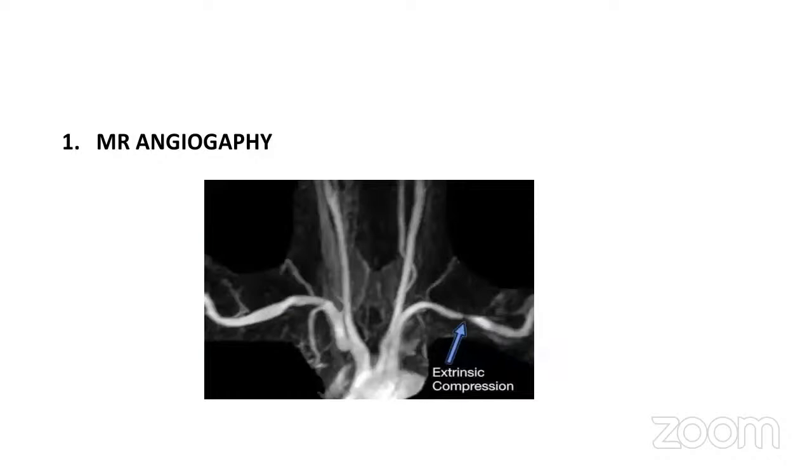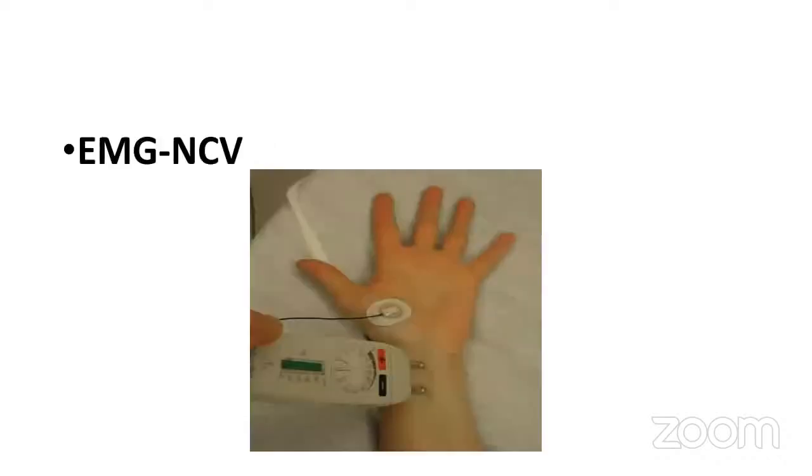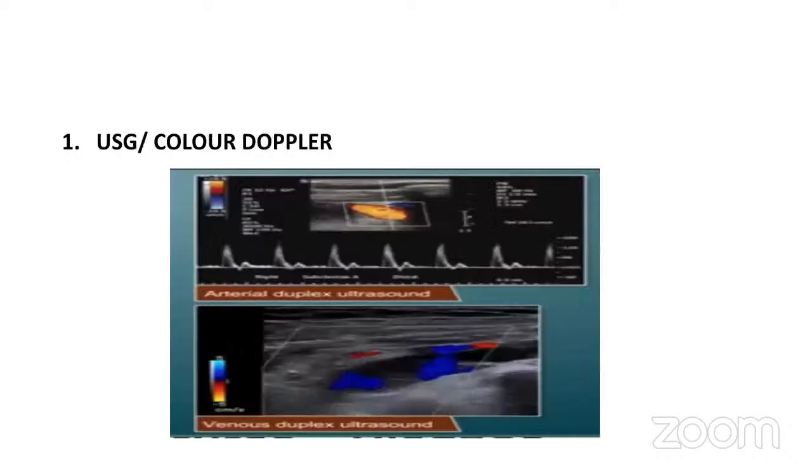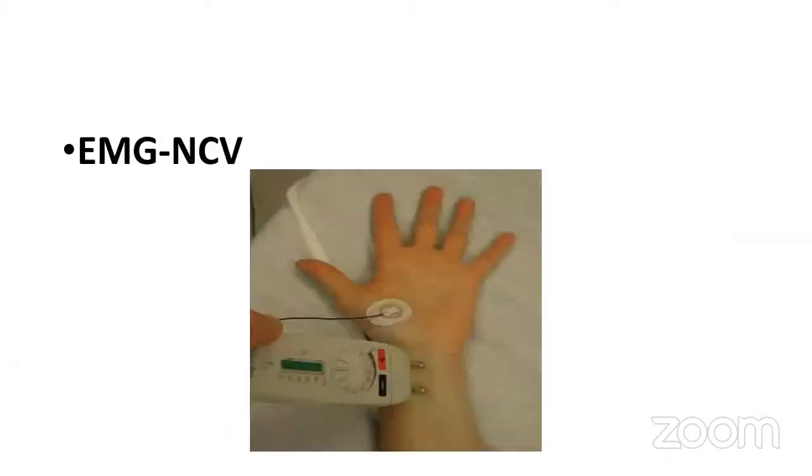In MR angiography, you can observe the extrinsic compression. Now next, EMG NCV. EMG NCV is done to rule out any other condition like carpal tunnel syndrome or cubital tunnel syndrome and any other peripheral nerve related lesion.